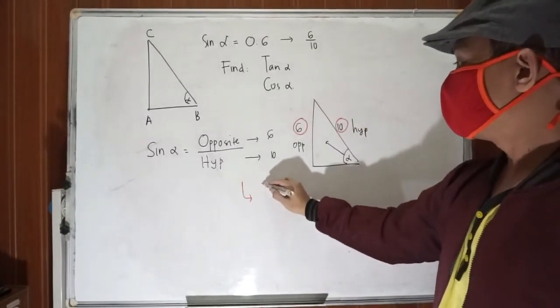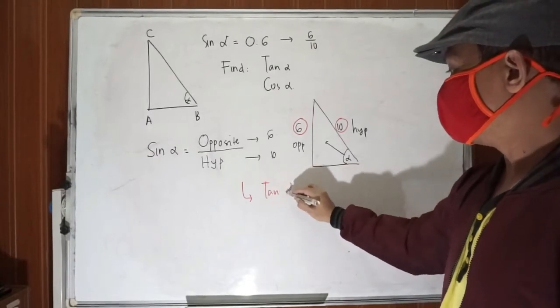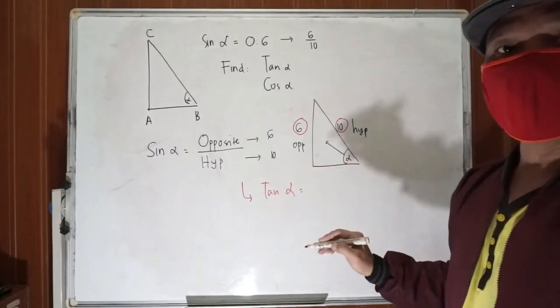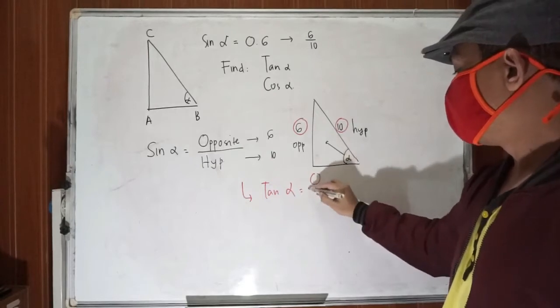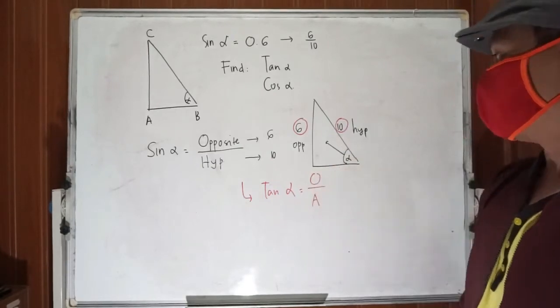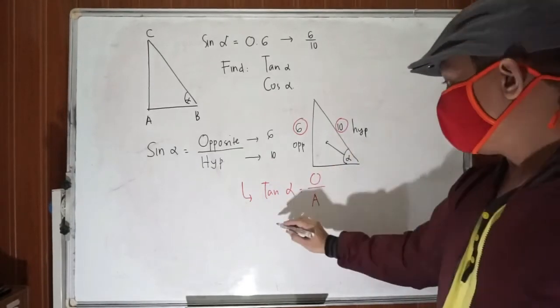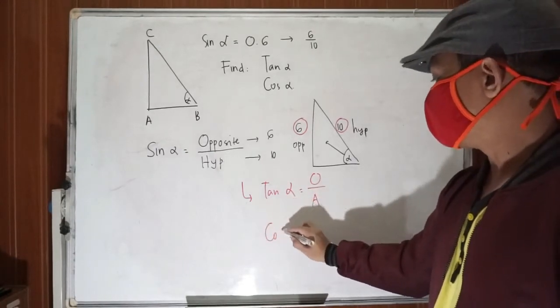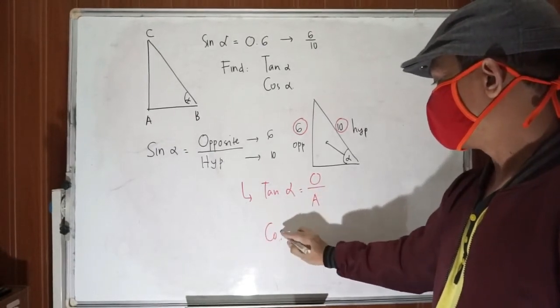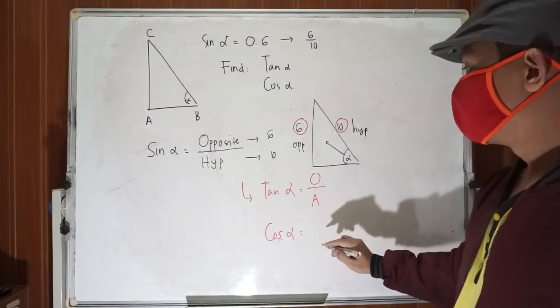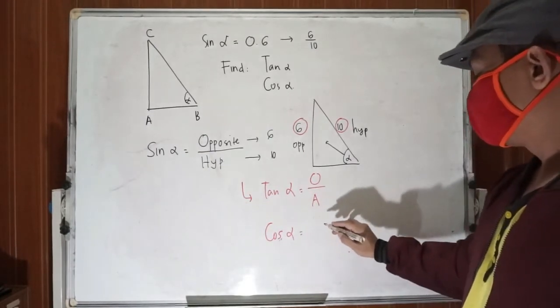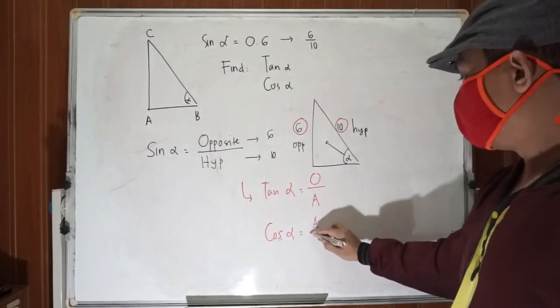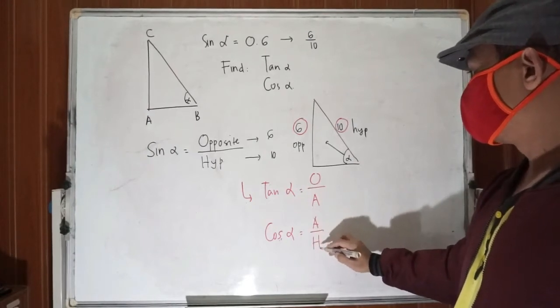So tangent alpha is opposite over adjacent, right? And then cosine alpha is adjacent over hypotenuse.